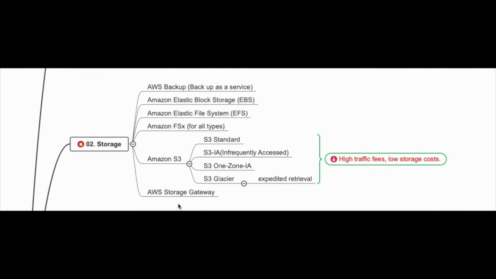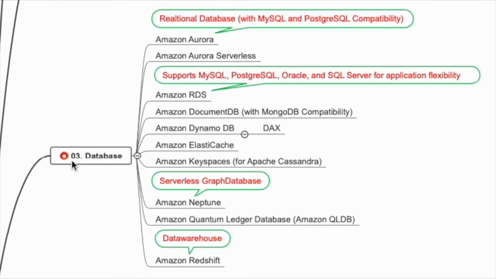The third service topic is database. Databases can be roughly divided into RDB, which is a relational database, and NoSQL. There is also a DB for data analysis, the data warehouse DB. If we look at AWS services by database type, first, there is Amazon RDS, which is an RDB.